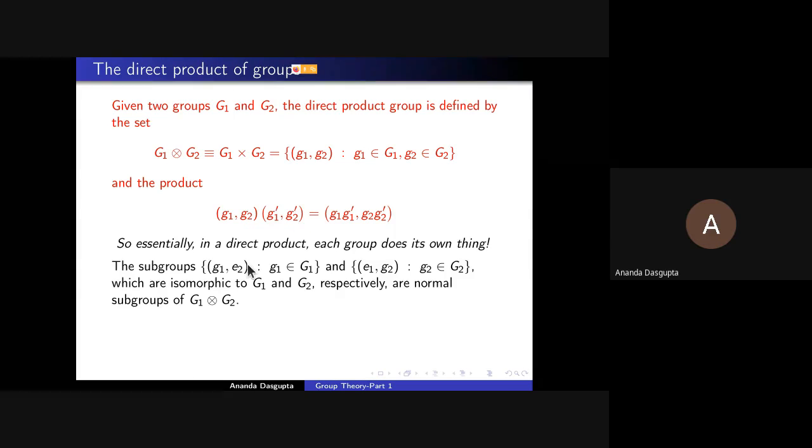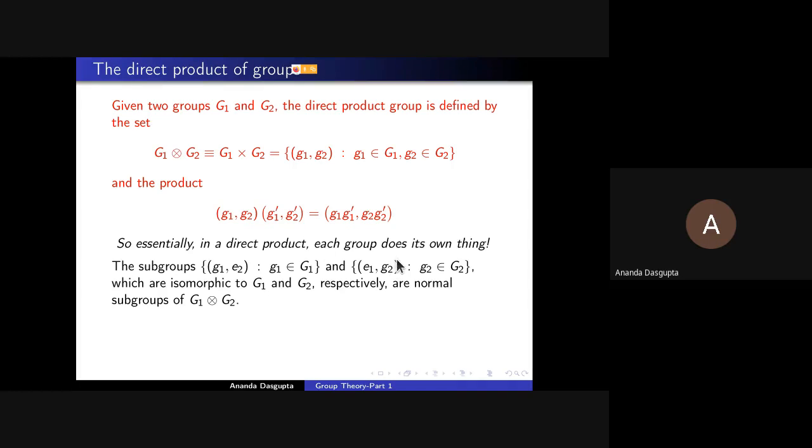That is, if you take (g1, e2) and say (g1', e2), what is the product going to be? It's going to be (g1 g1', e2 e2), and e2 is the identity, so again e2. So it's going to be (g1 g1', e2). So basically the rule is the same as the multiplication rule in group G1.